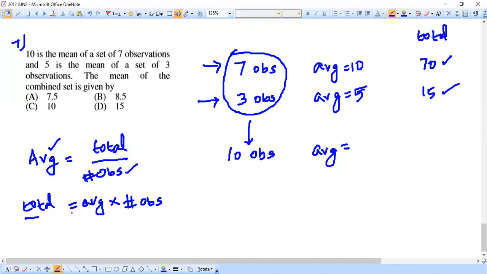Total is equal to average into number of observations. That's why.